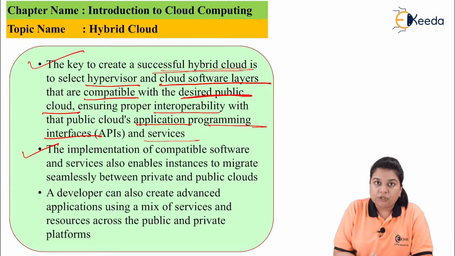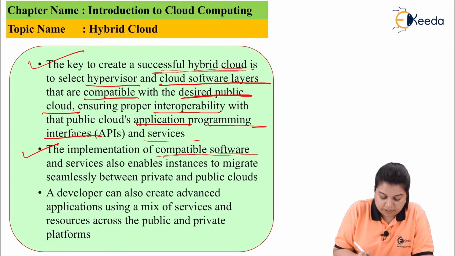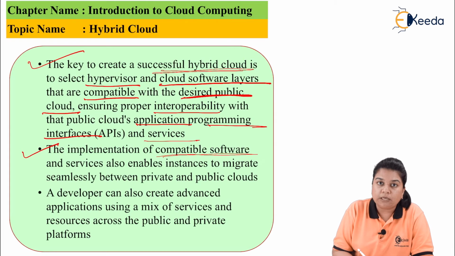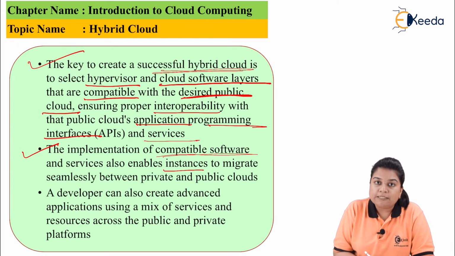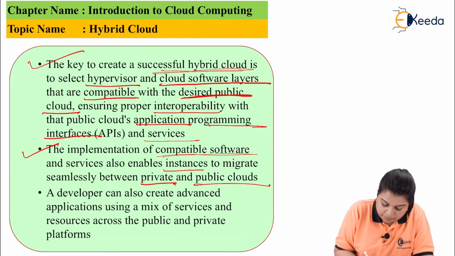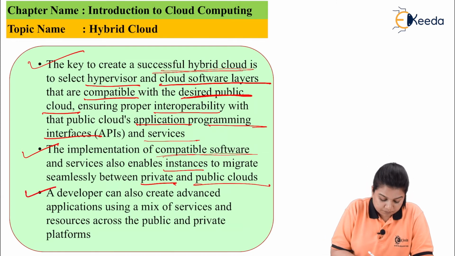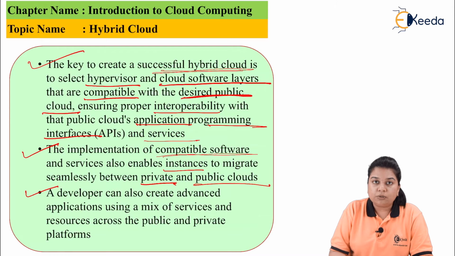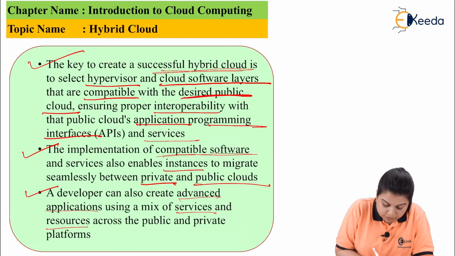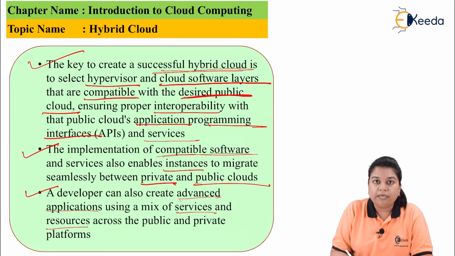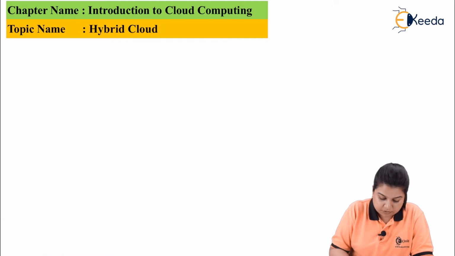The implementation of compatible software and services also enables instances to migrate seamlessly between private and public clouds. A developer can also create advanced applications using a mix of services and resources across the public and private platforms.